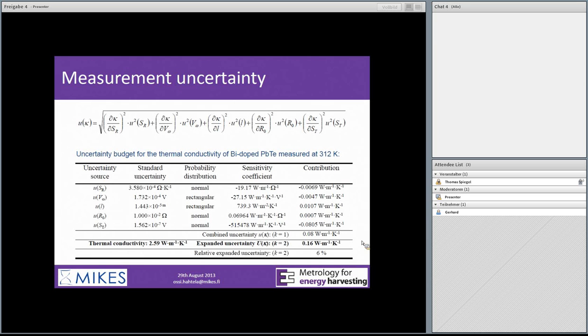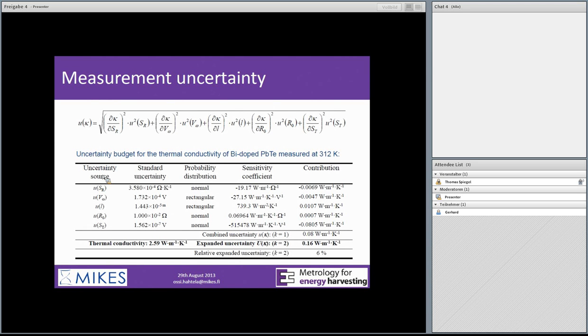And I guess a more demonstrative way to show you what is going on is to show the uncertainty budget with numerical values. This is an example of a bismuth-doped lead telluride sample measurement, which was measured at 312 Kelvin.